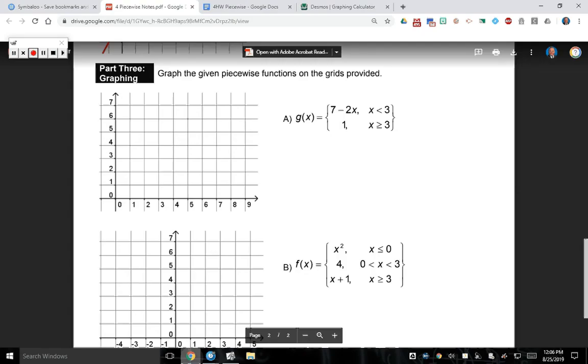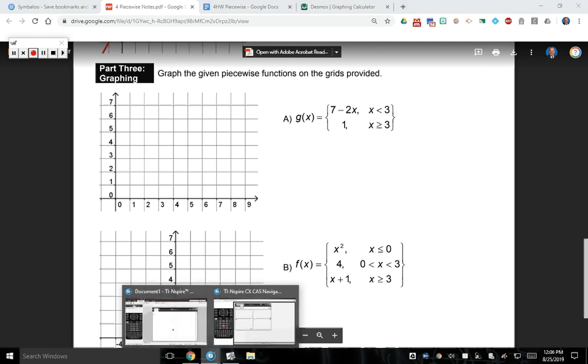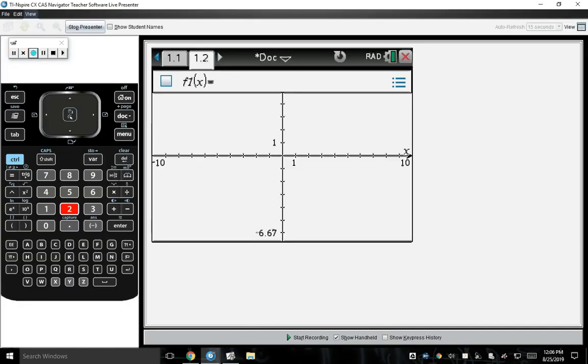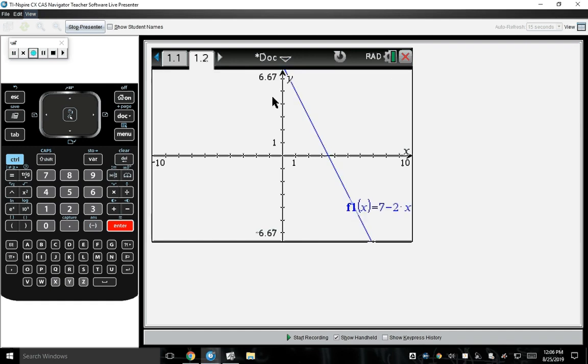So if we go back to our equations, we have 7 minus 2x. I can go ahead and put 7 minus 2x, and you'll see the graph, but then I'm going to restrict it only to that domain. Okay?